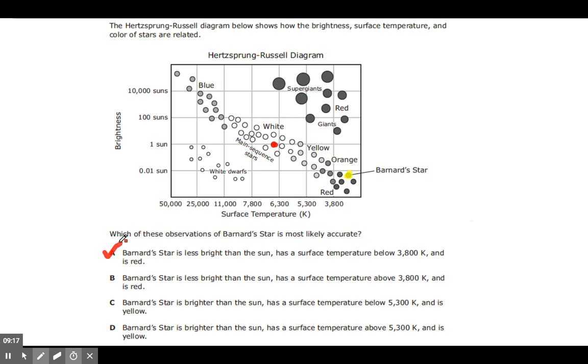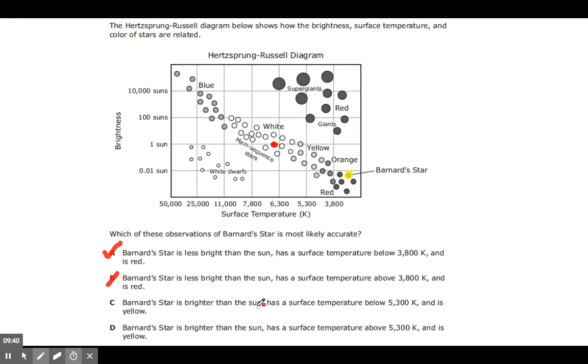So, answer choice B. Barnard's star is less bright than the sun. That is true. Has a surface temperature above 3,800. We already determined that the surface temperature was below, so B is incorrect. C: Barnard's star is brighter than the sun.